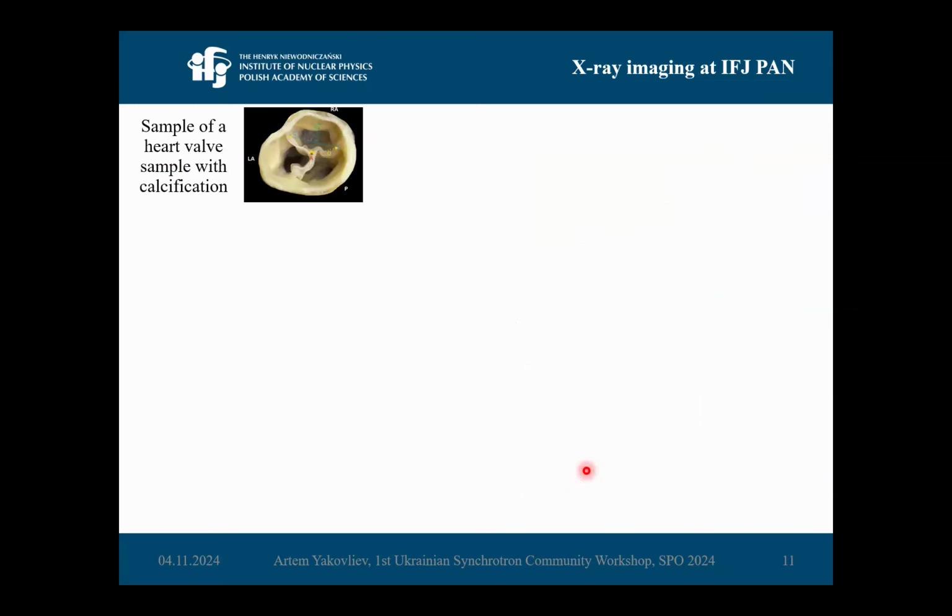And finally, I will talk a little bit about the X-ray imaging, because we also do it in our lab here. We are collaborating with Jagiellonian University, and we are studying these samples of heart valve leaflets with calcification. At this age you can get calcification on your heart valve, which will eventually lead to serious heart conditions.